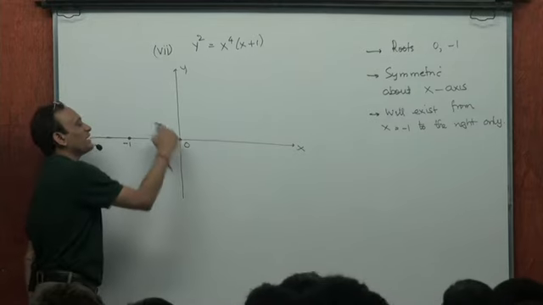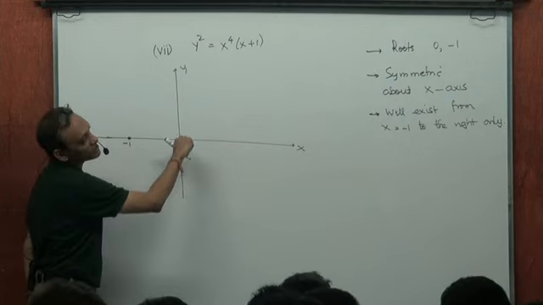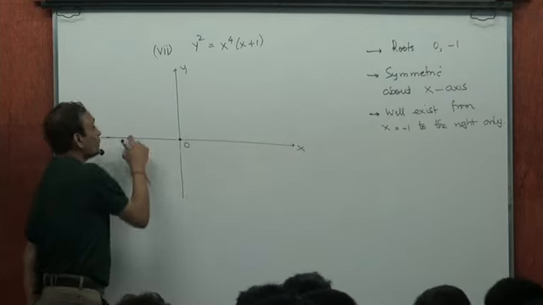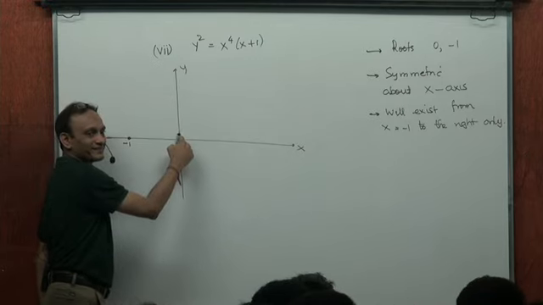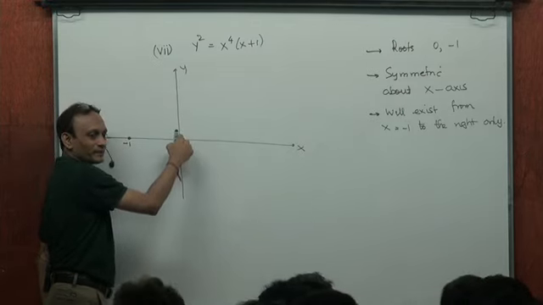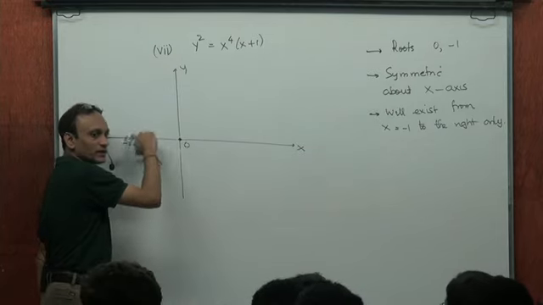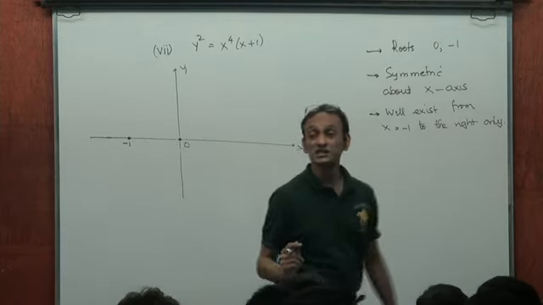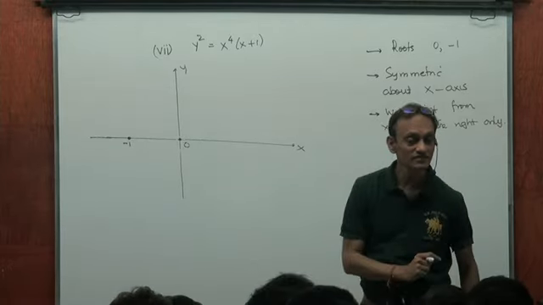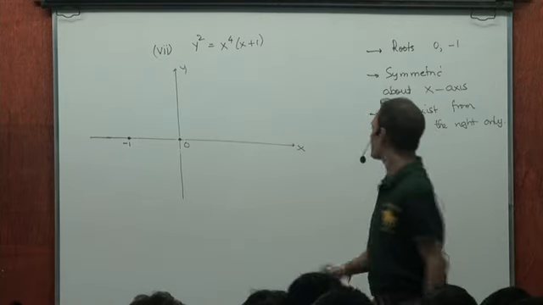You would therefore expect a loop here and a loop here because of symmetry about the x axis, right? So in any case, between minus 1 and 0 you would expect a turning point, right? If there is a loop, at least one turning point between minus 1 and 0 is what you will expect. So let's differentiate to examine a critical point, a turning point.